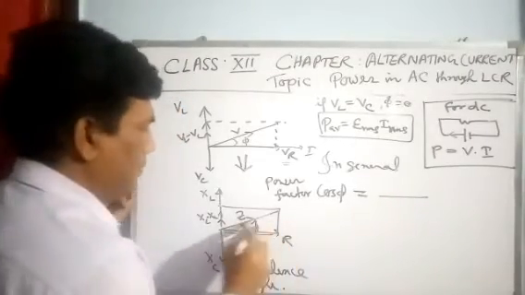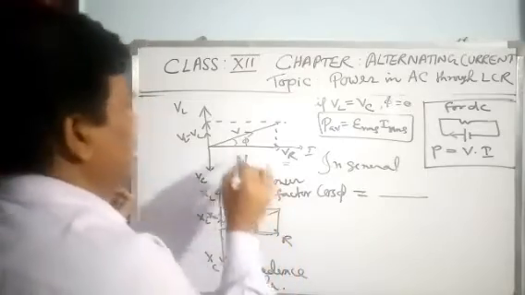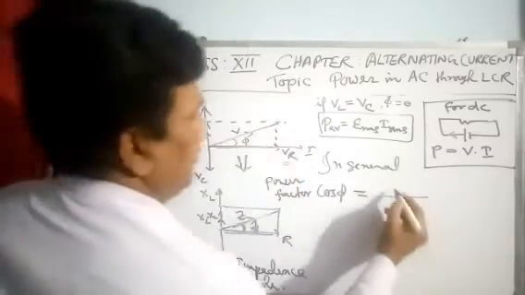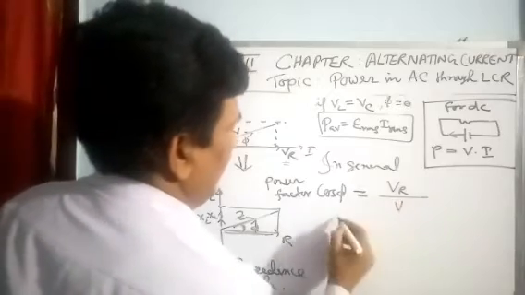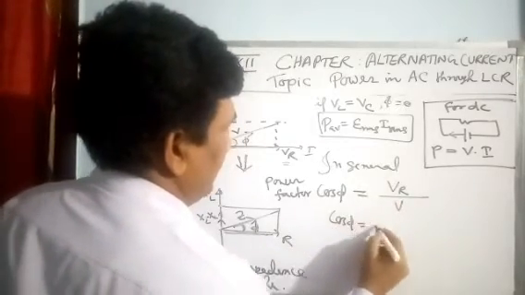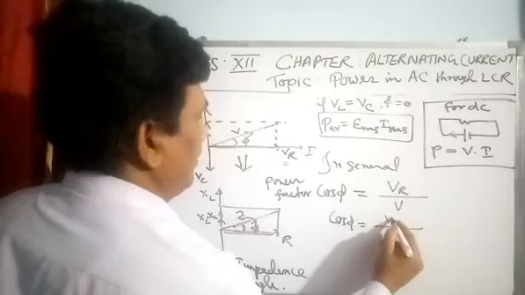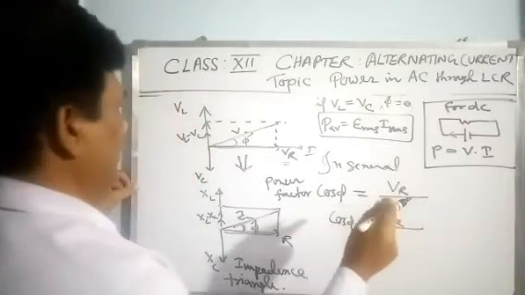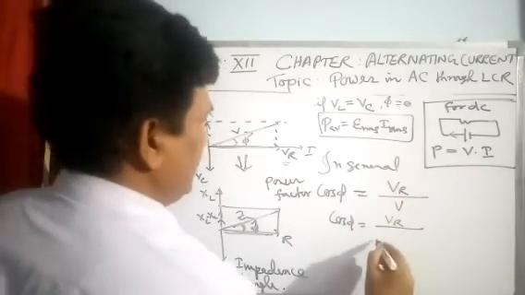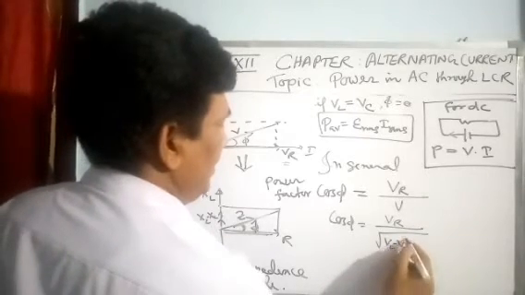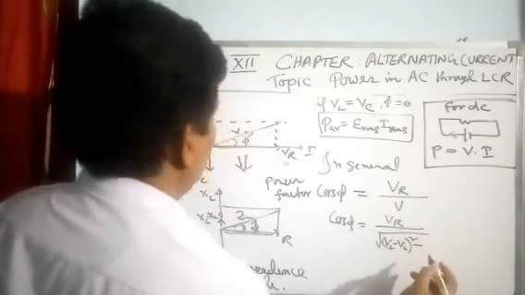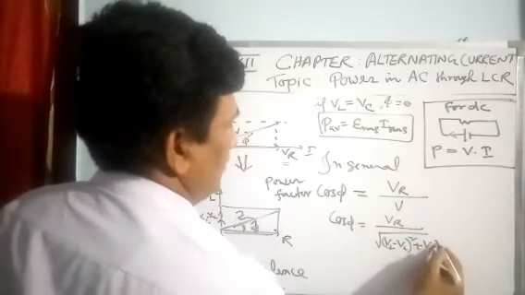Base upon hypotenuse. Base upon hypotenuse means the voltage across the resistor divided by V, so VR, and V can be written as under root of (VL minus VC) whole square plus VR square.